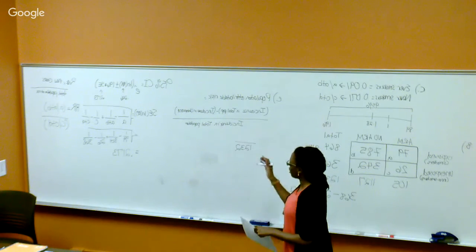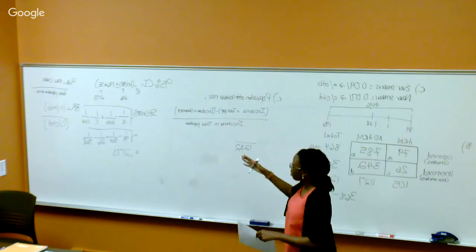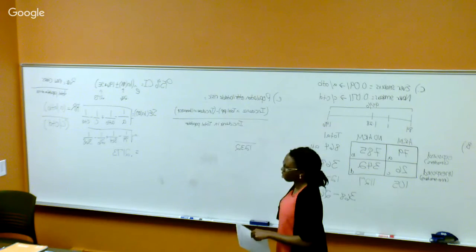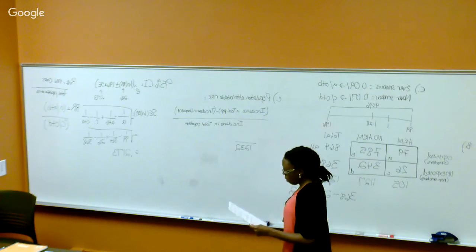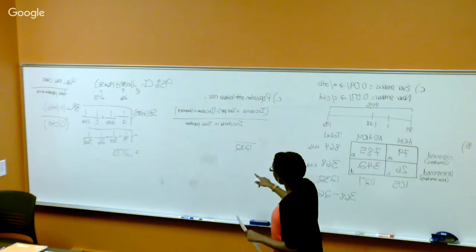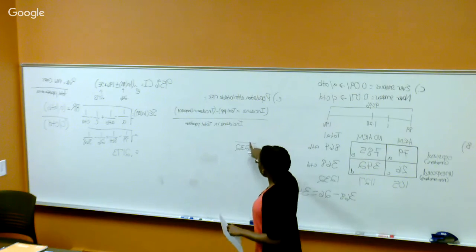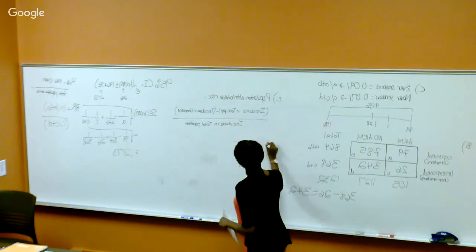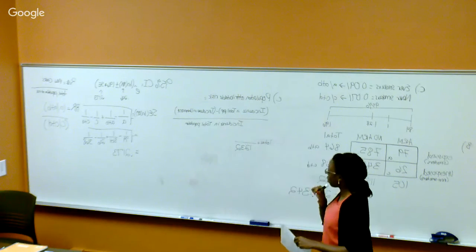So as long as it doesn't say incidence rate, it's the same thing. Incidence and risk are the same thing. So this is your denominator, and this is looking at the total population. So then what's your numerator?